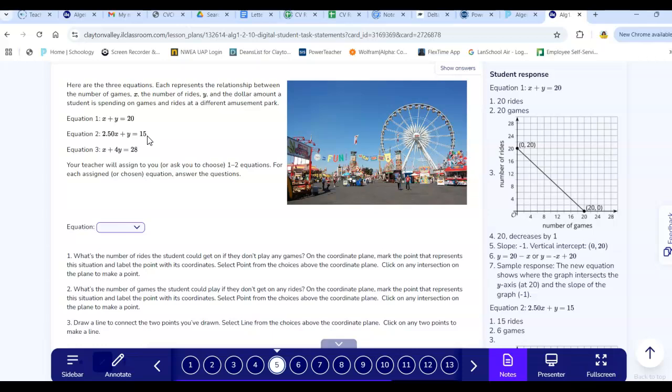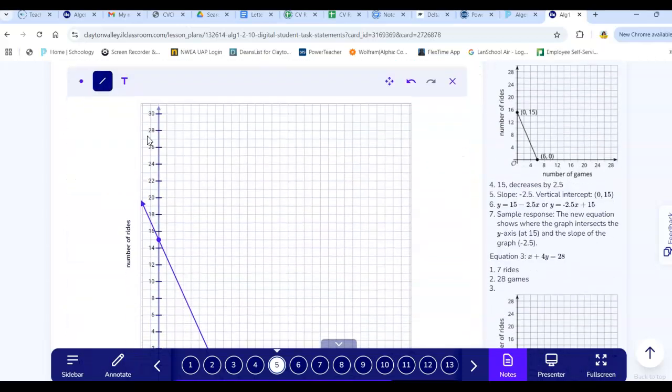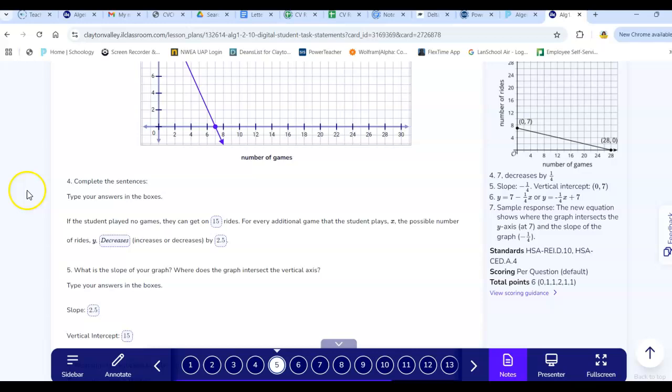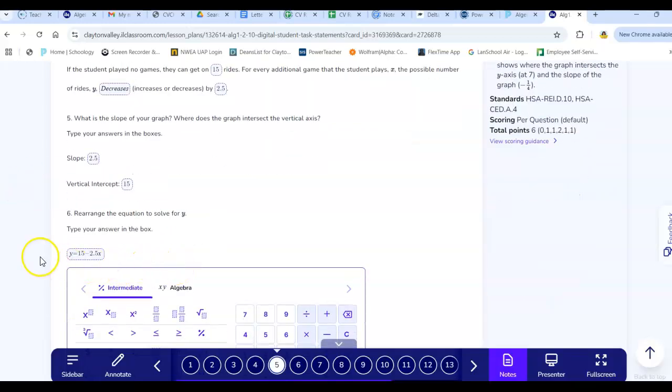And I also can't tell what my vertical intercept is. Okay? I have to figure that out. But when I rearrange the equation so that it looks like this, now all of a sudden I know what my vertical intercept is. I can see it in the equation, not just on the graph. Okay? And I can also see my slope.